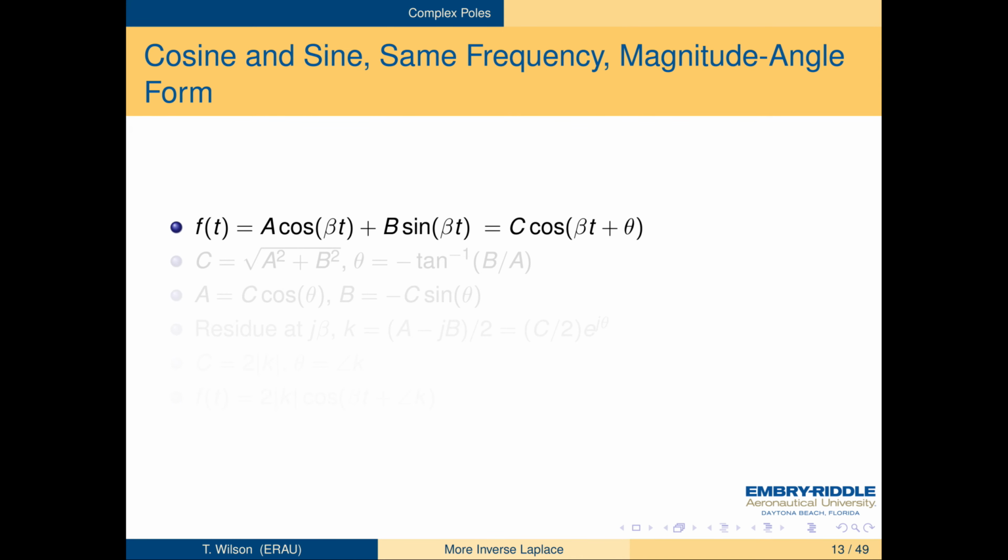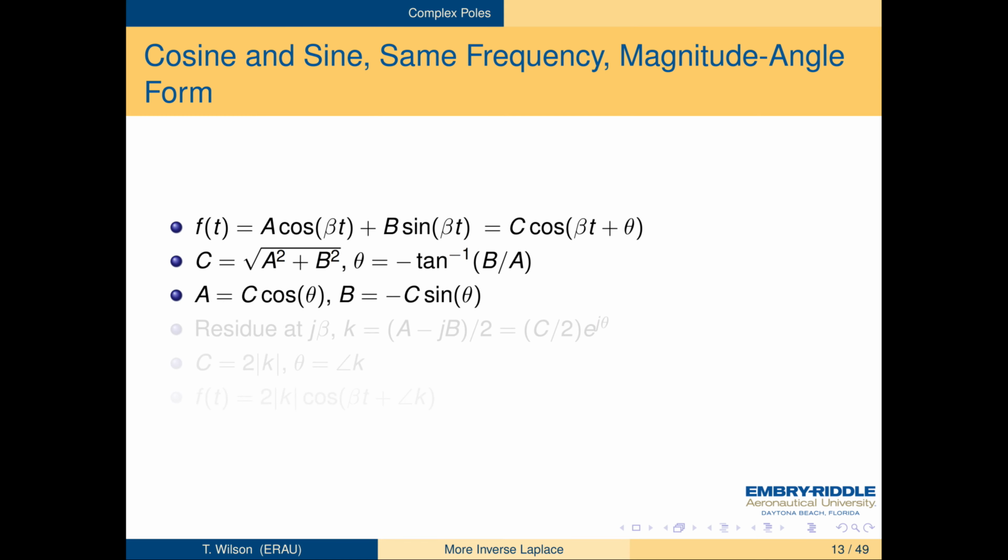We know from trig that we can also write this f of t in magnitude and angle form as a cosine of magnitude C greater than or equal to 0 with angle theta, where C is the square root of A squared plus B squared, and theta is the negative inverse tangent of B over A. We can then recover A and B from C and theta through A equals C cos theta and B equals minus C sine theta.